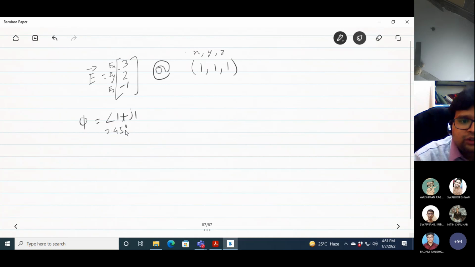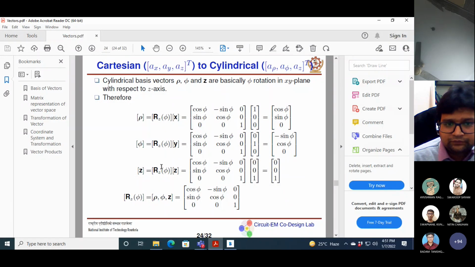Now, once you know phi, it is 45 degrees, you can form the rotation matrix. So you know what phi is, and then you know how to find the rotation matrix.